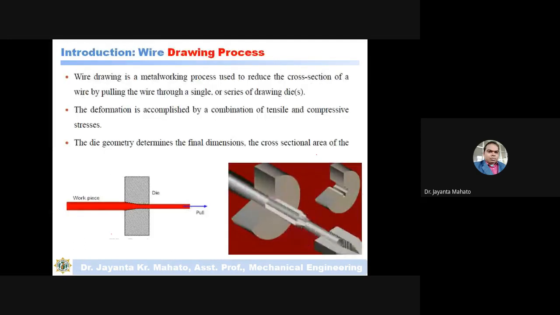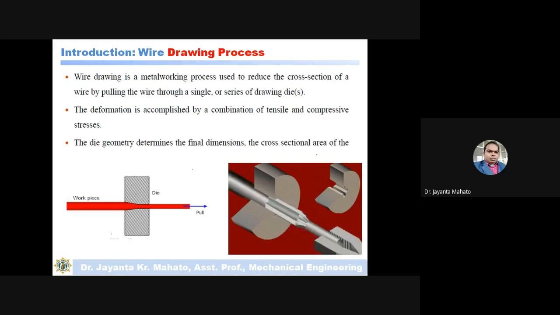Here we just grip the material, and from this billet material, raw material, you pull the material, and this pulling of the material is called the drawing process. In most cases, this is called the wire drawing process, to make the wire.